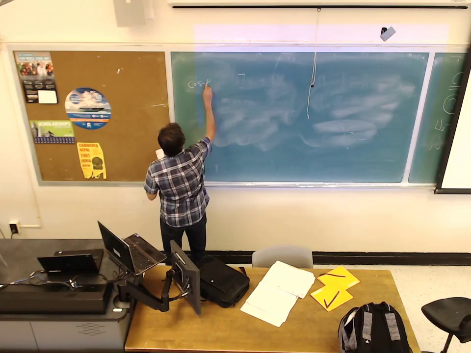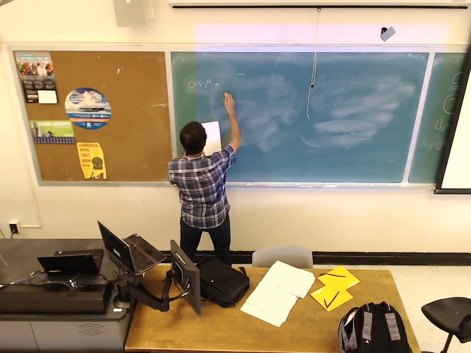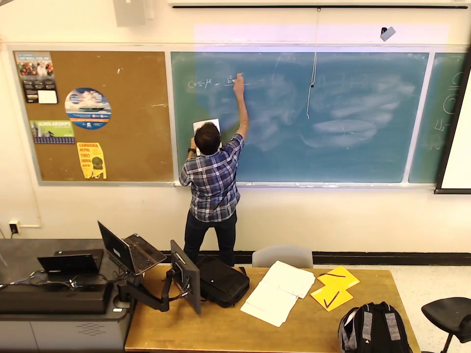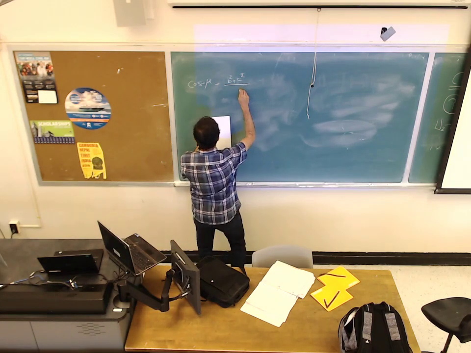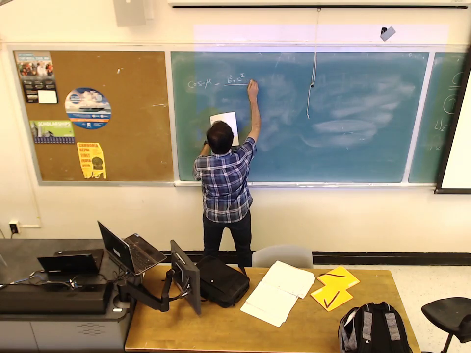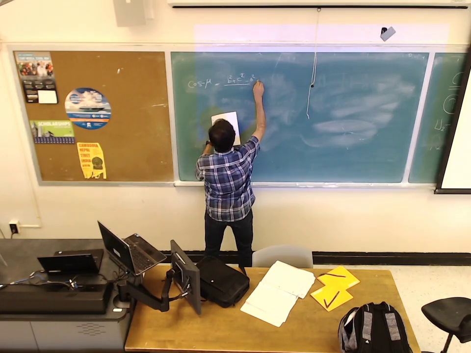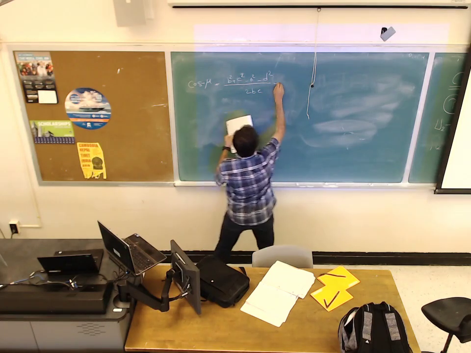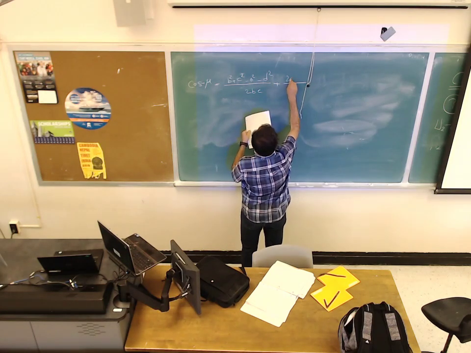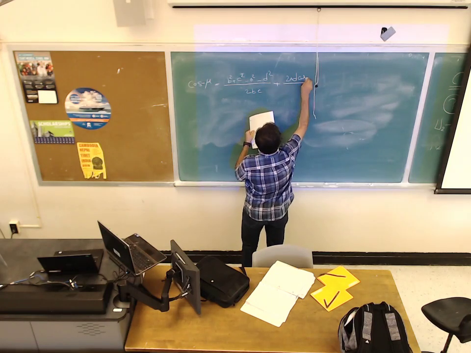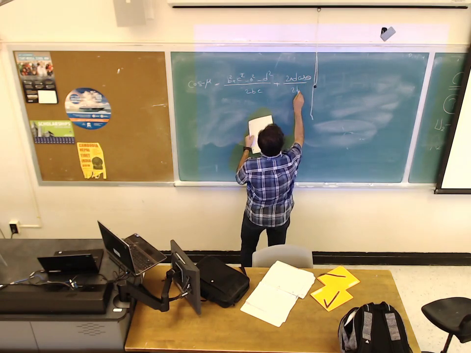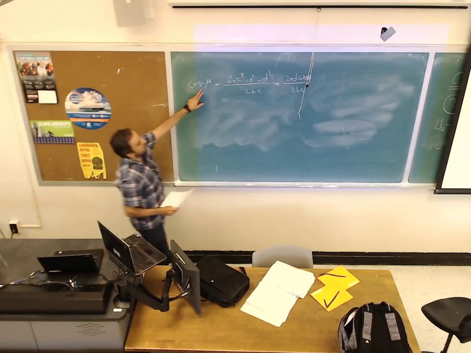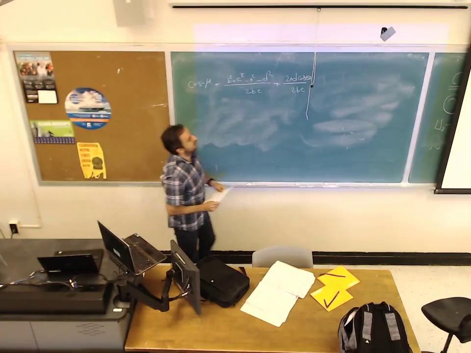Cosine of mu as a function of b squared plus c squared minus a squared minus d squared divided by 2bc plus 2ab cosine of theta divided by 2bc. So it's showing me how the transmission angle in crank rocker is varying with theta.